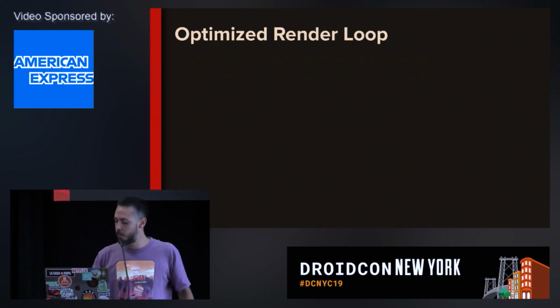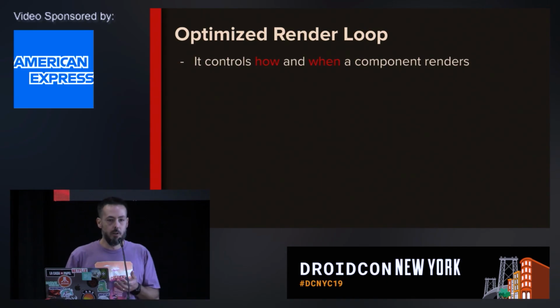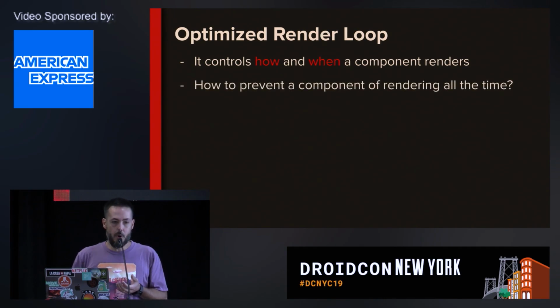Now let's talk about the render loop. The render loop is what controls how and when a component will render. But we have a problem here, right? We don't want every single piece of the UI to change if the state changes, because the state, ideally, is a large object and it's global.